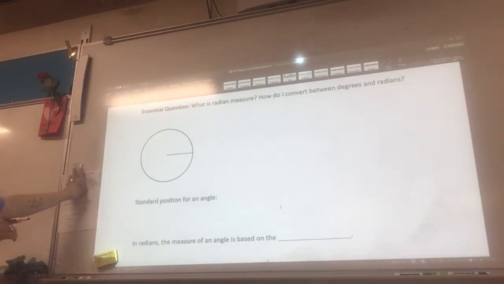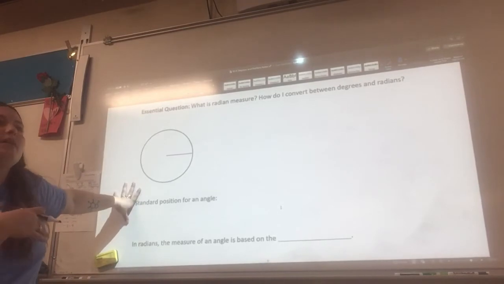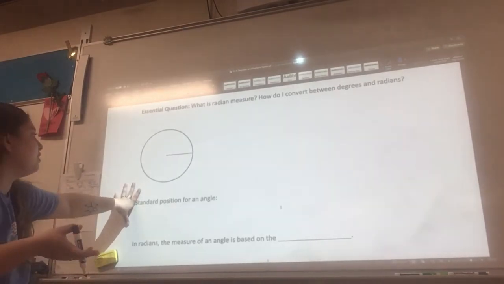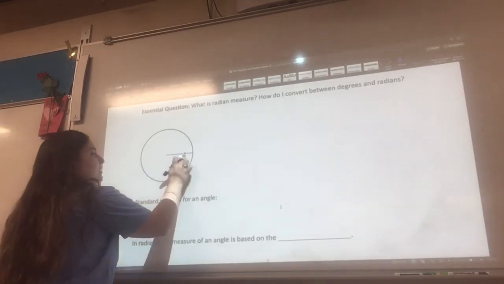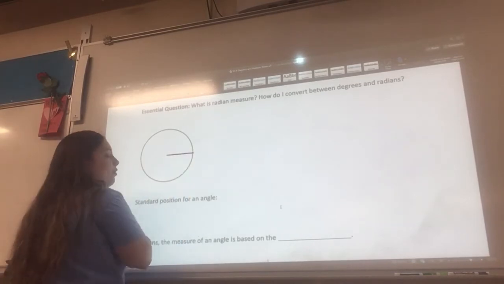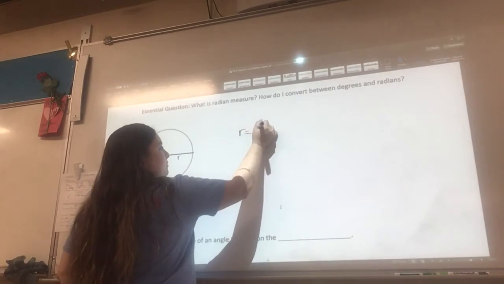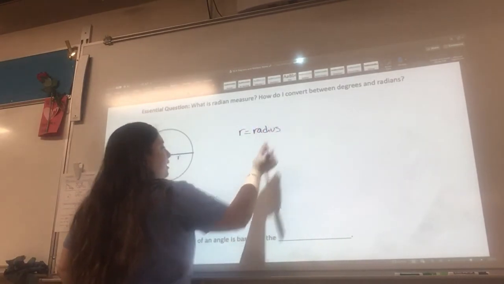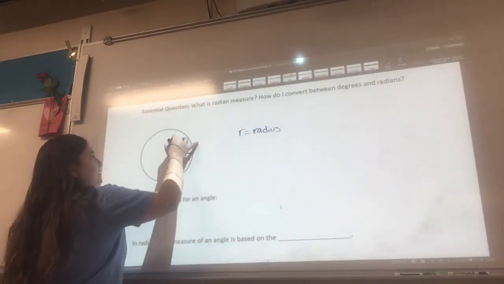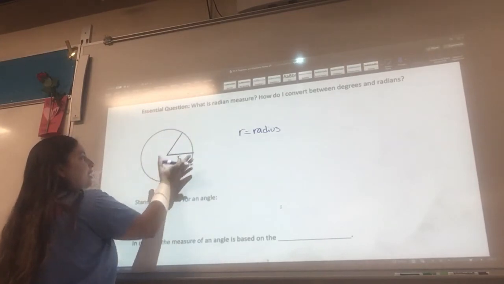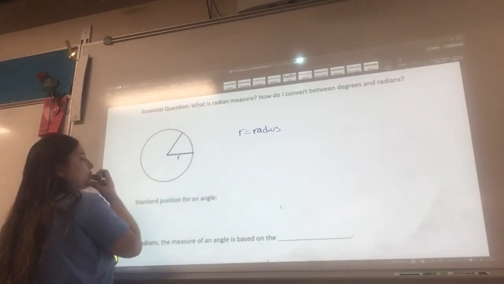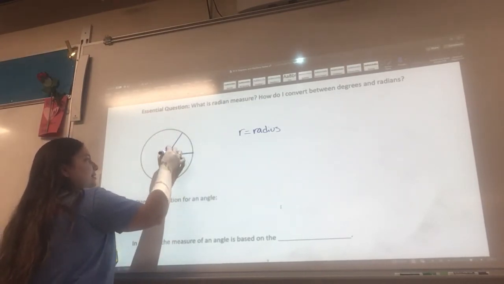We first need to look at a circle and determine some information that you're going to have to know. First off, this right here, I hope all of you remember, is your radius. So r equals radius. And what we're going to look at is when we create a piece of your circle, we know that this has some degree.